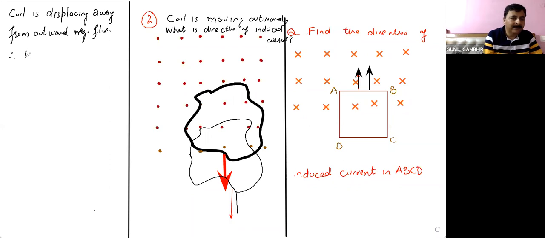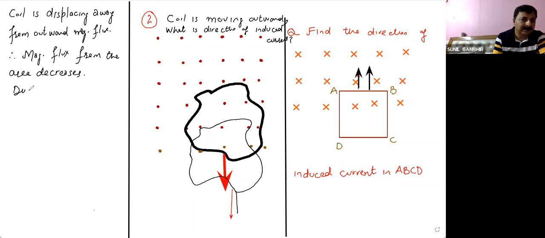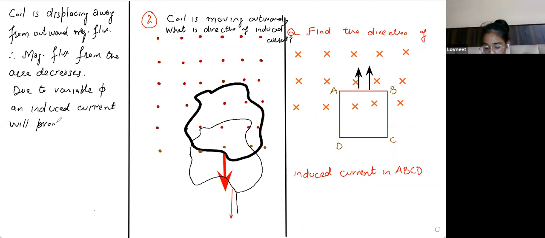Therefore, magnetic flux from the area decreases due to variable phi, and induced current will be produced in the coil.